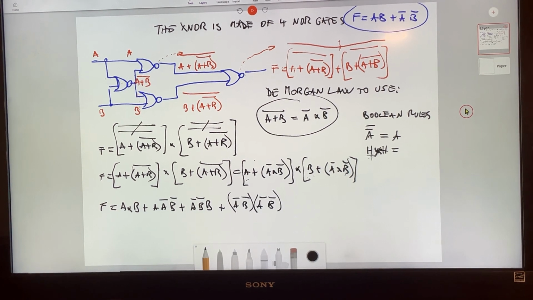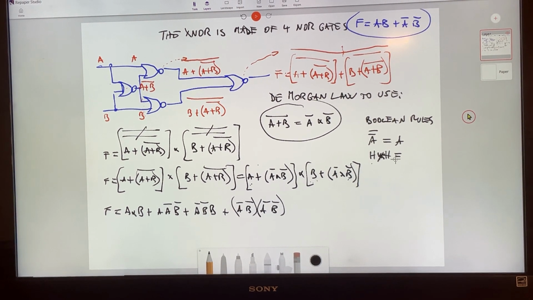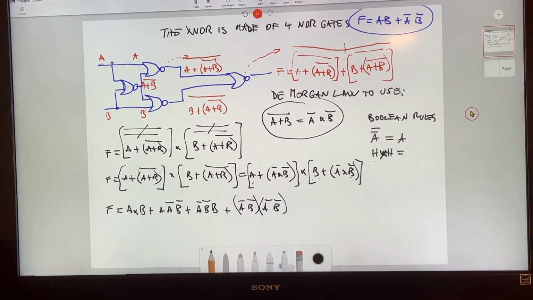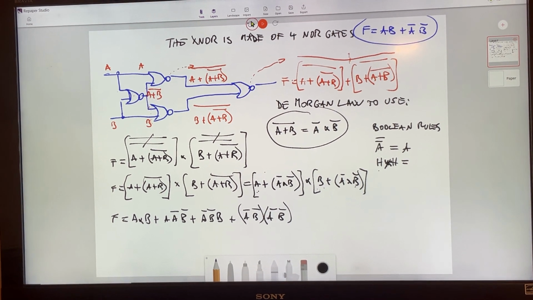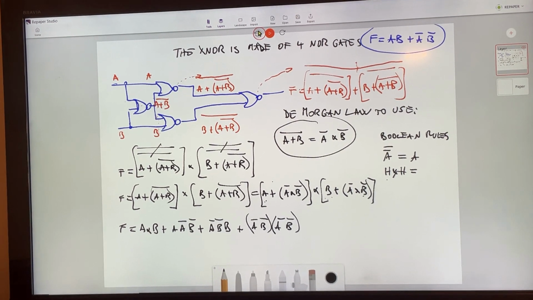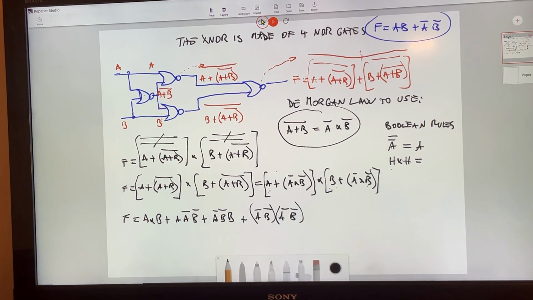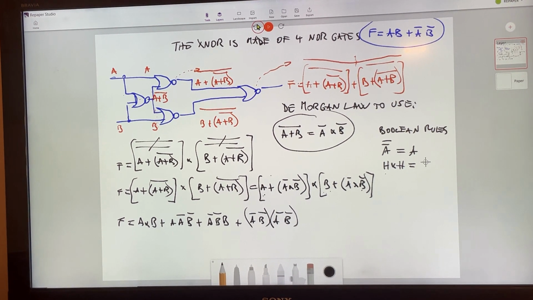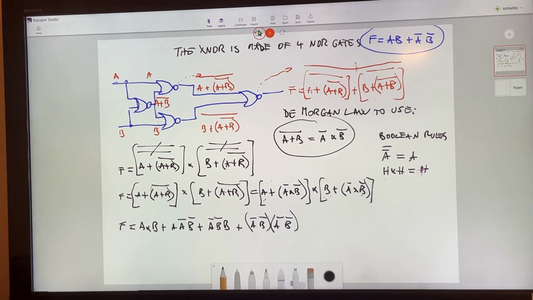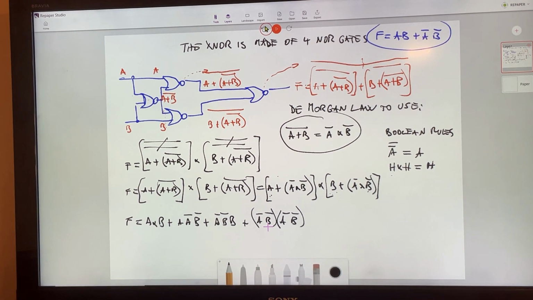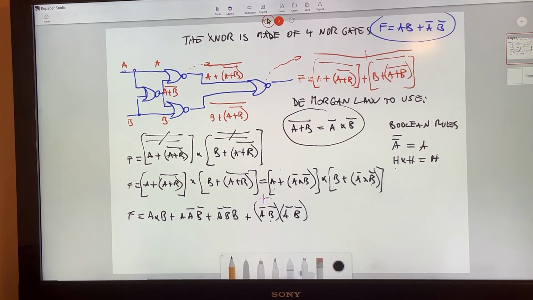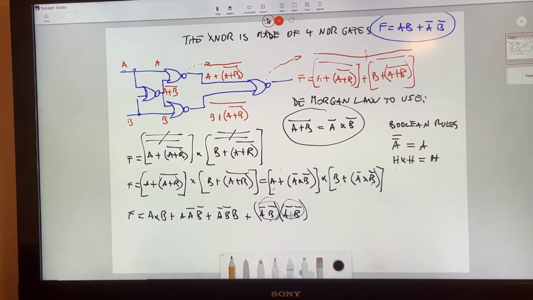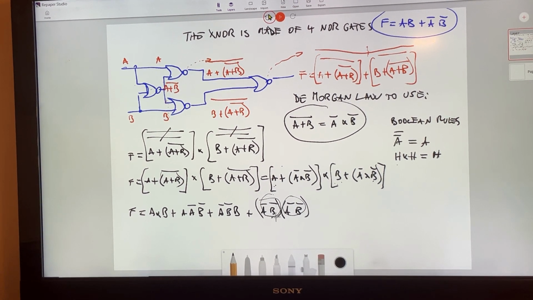If H takes the value 1, H times H is 1. So then, if we do this, we're going to find out that it is the same as H. So that's exactly here. Exactly this one times itself is A bar times B bar.